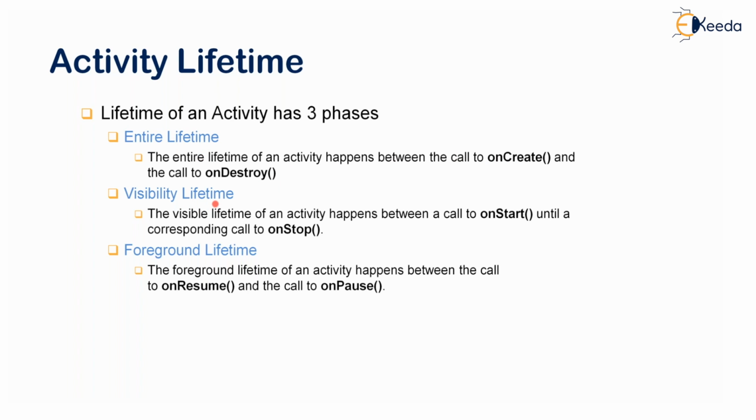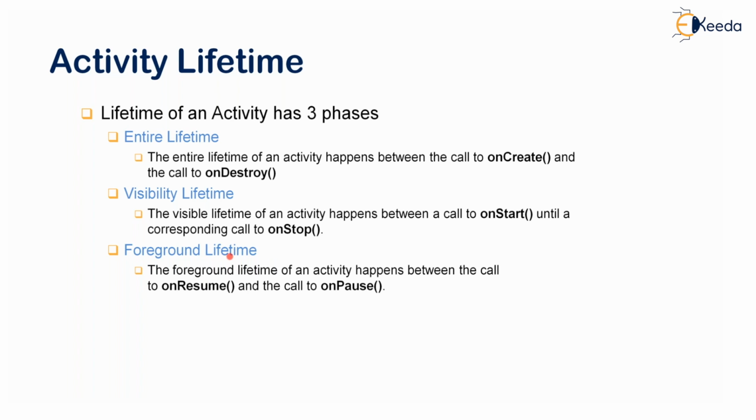The visibility lifetime is where the user can start seeing it at the onStart method, and where it is no longer visible to the user at onStop. So the visibility lifetime happens between a call to the onStart method and onStop. Foreground lifetime means the activity is interacting with the user.